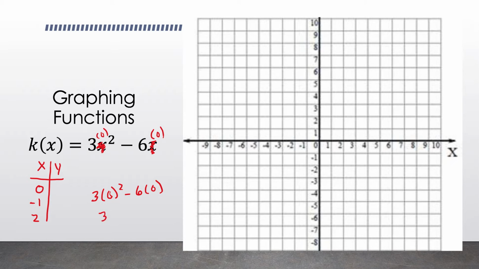So 0 squared is still going to be 0. Then we'll do our multiplication. 3 times 0 is 0. 6 times 0 is also 0. And finally, our addition and subtraction. So 0 minus 0 is 0. And that point sits right here on the graph, 0, 0.